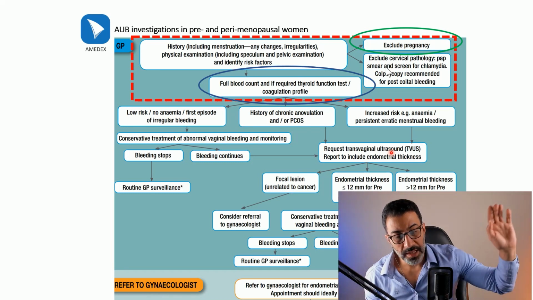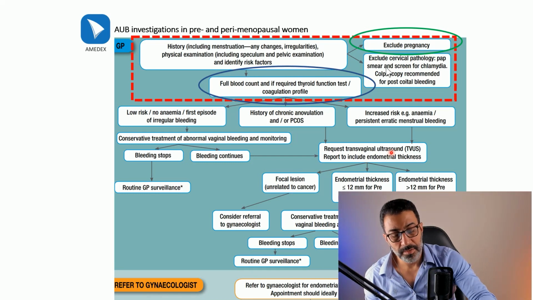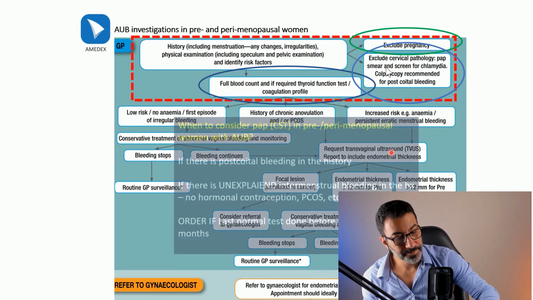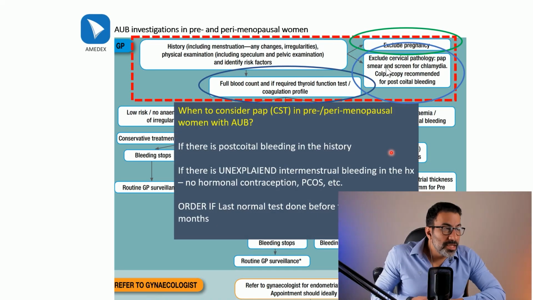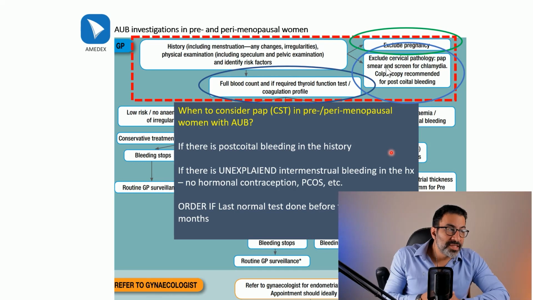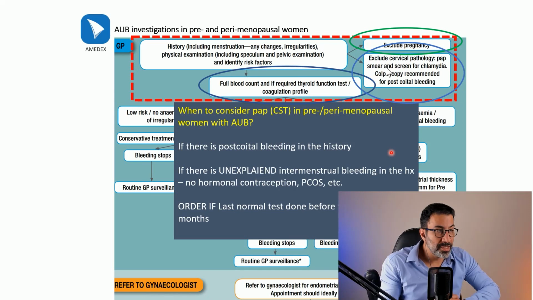Okay, while we are on the upper part, when do we want to do pap smear or cervical screening test? Let's get to that. This part: when to consider pap or cervical screening test in pre or perimenopausal women with AUB. I'm talking only and only about peri and premenopausal ladies with AUB.